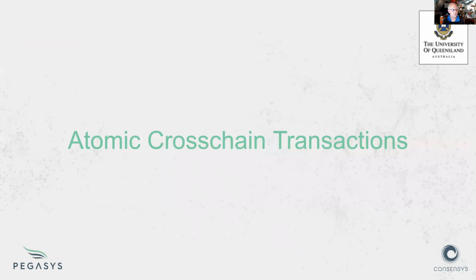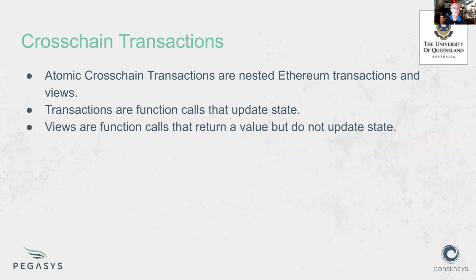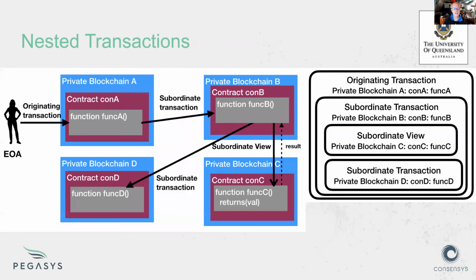So how do atomic cross-chain transactions work? They are nested Ethereum transactions and views. A transaction is a function call that updates state, and a view is a function call that returns a value but doesn't update state. For instance, you can imagine you have an originating transaction that calls a subordinate transaction that in turn calls a subordinate transaction and a subordinate view.